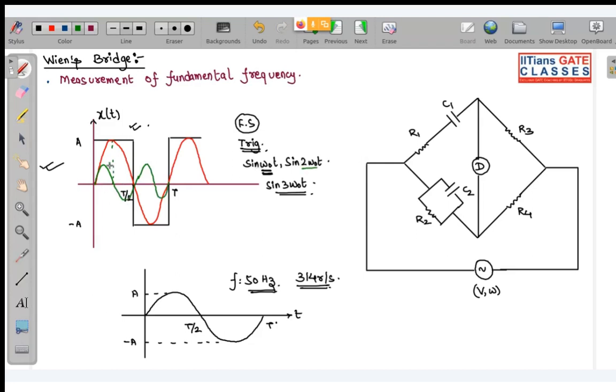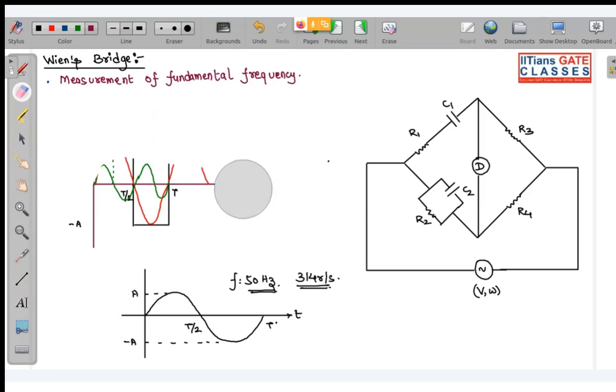It has double the frequency of the fundamental frequency. Now there might be a signal which is sine 3 omega naught t. You have understood basically what is happening. Is it clear what we are trying to find out? So basically Wayne's bridge is used to measure what?